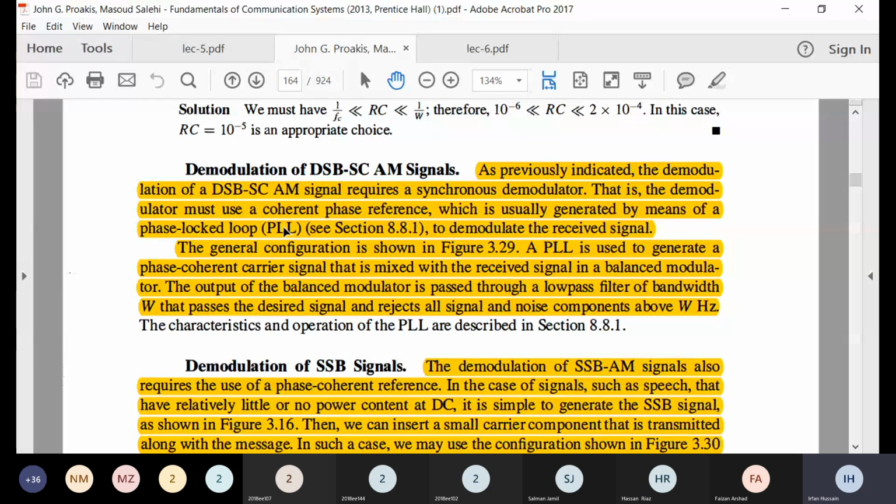The phase lock loop will produce a carrier at the receiver which has the same phase as the received carrier. Hence, your phi will be 0, and you will be able to demodulate the incoming signal.